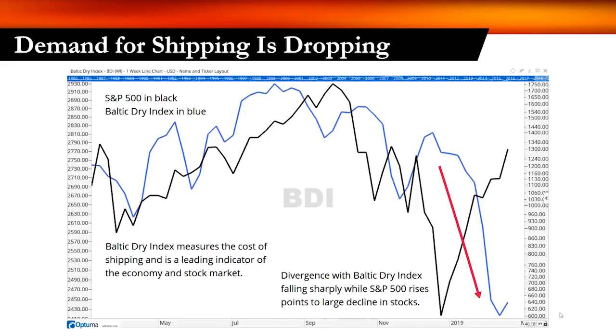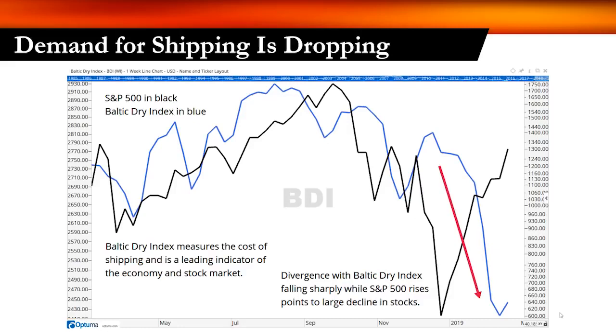Now, when companies produce stuff, they tend to ship it to their customers. And there's various ways of measuring demand for shipping. One of the most popular, the Baltic Dry Index. And that's shown as the blue line here. As you can see, the Baltic Dry Index has been in a downtrend since last summer.